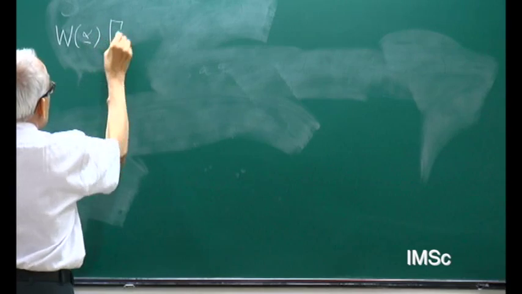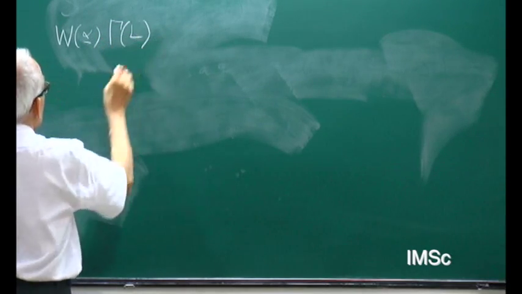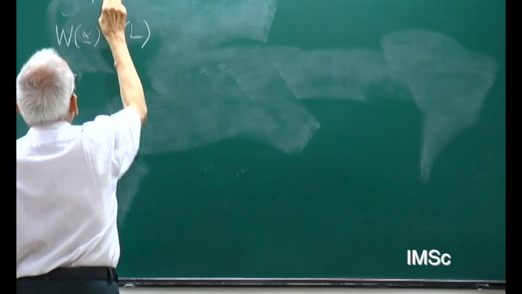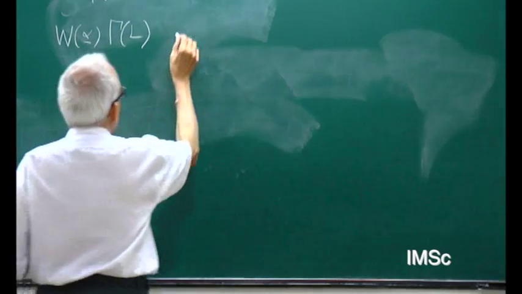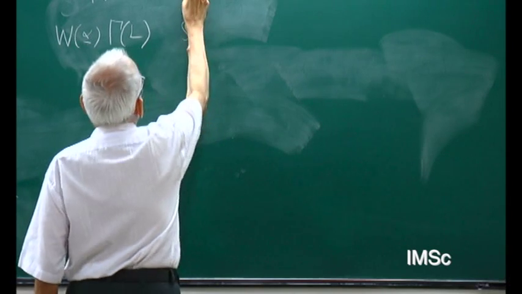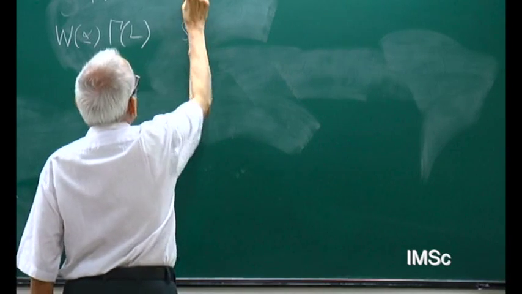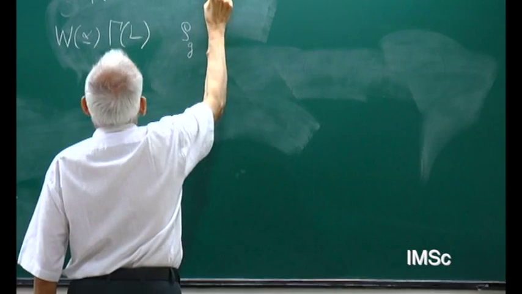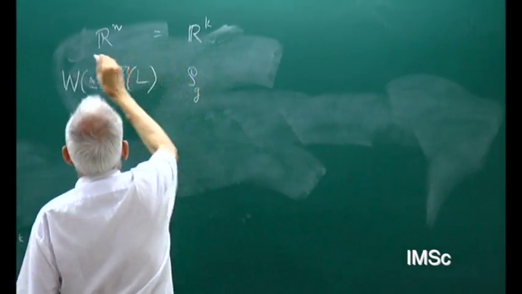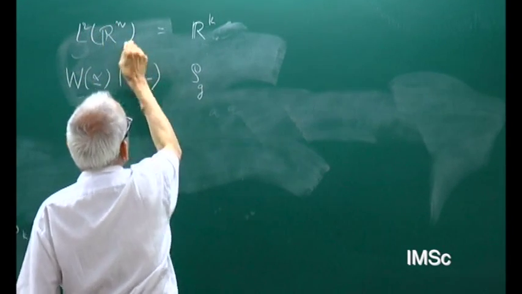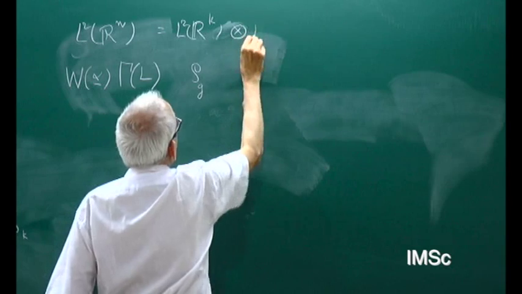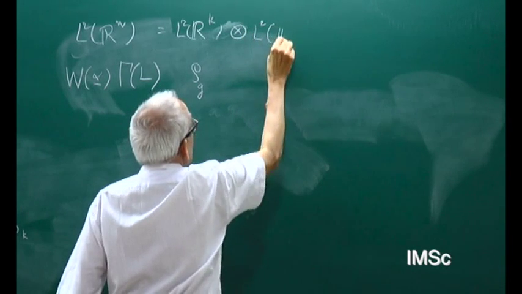W alpha, gamma L, this is in Rn. And then Rn equal to Rk direct sum, L2 of Rn equal to L2 of Rk tensor product L2 of R n minus k.